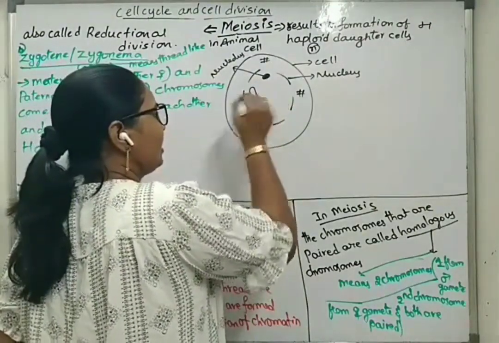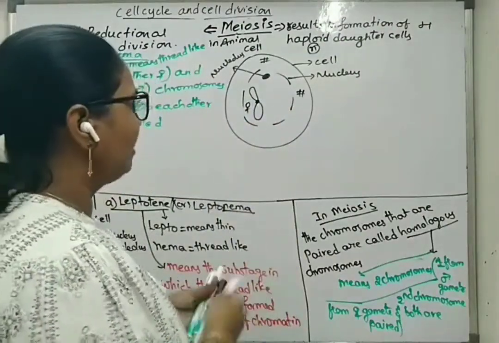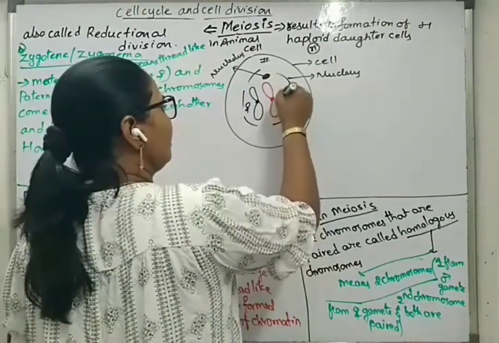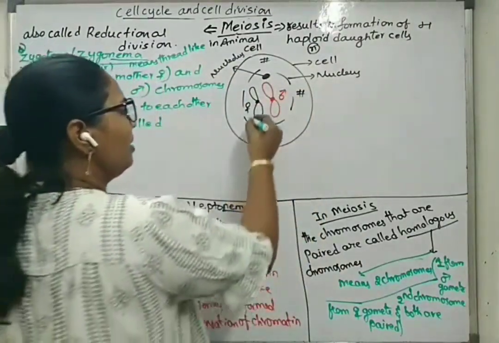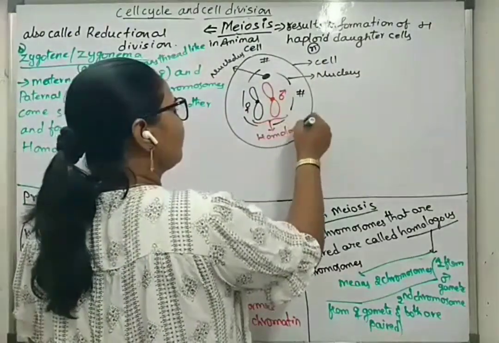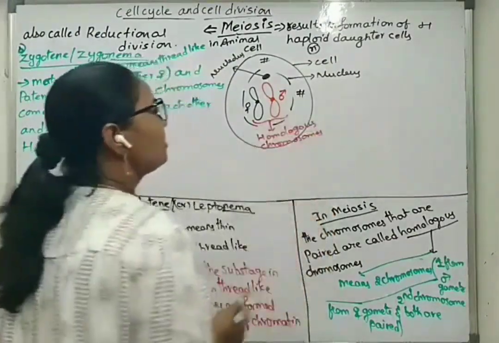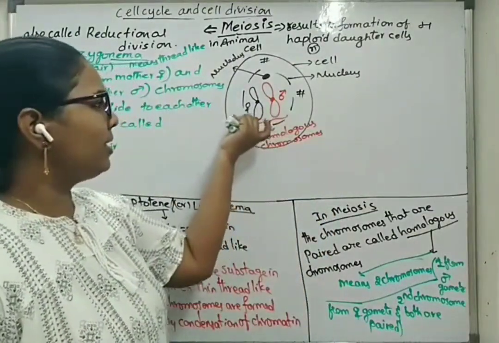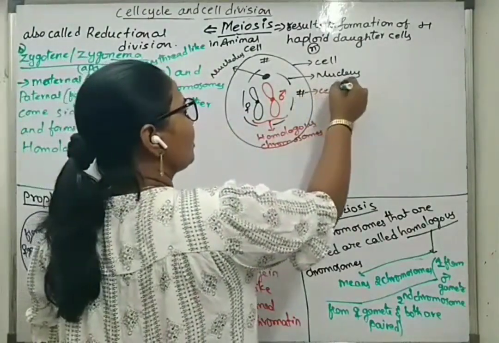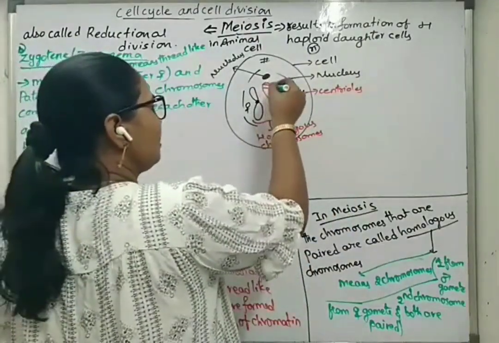Think that this chromosome is from mother, and the other chromosome from father we will represent with another color. This is the father's chromosome. Both are called a homologous pair, since they are arranged side by side. These will be centrioles. We'll give some differences.